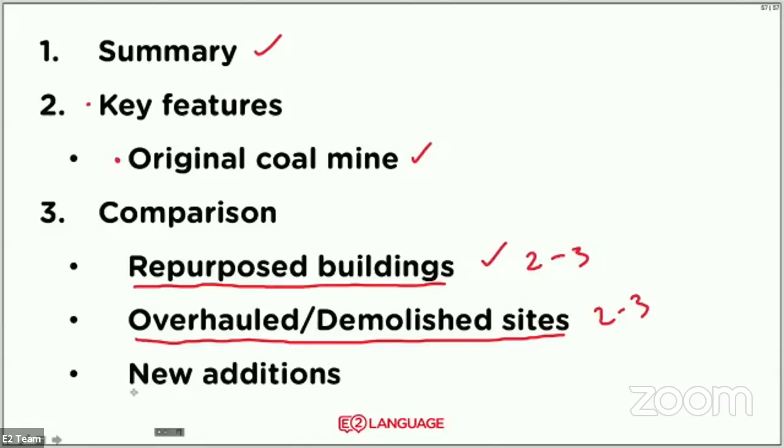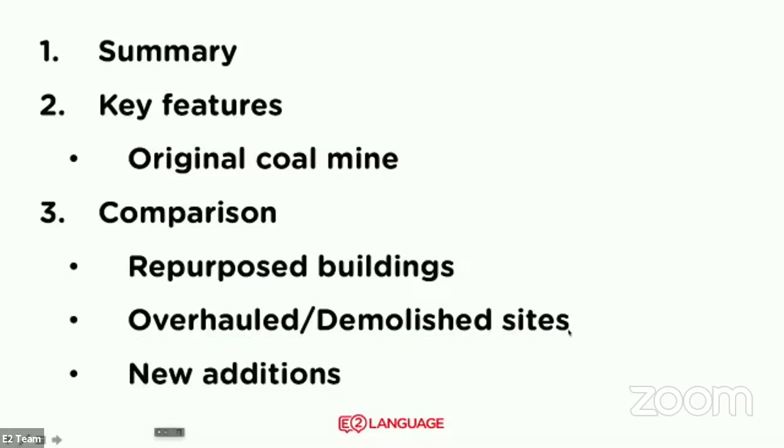Then I noticed that there were some new additions in the tourist center that did not exist in the original coal mine. And I wrote about 2 sentences on this. So I wrote 1 sentence for the summary. I think I wrote maybe two sentences for the key features. And then I wrote 2 or 3 here, okay? So keep that in mind because I want you to write a similar structure.